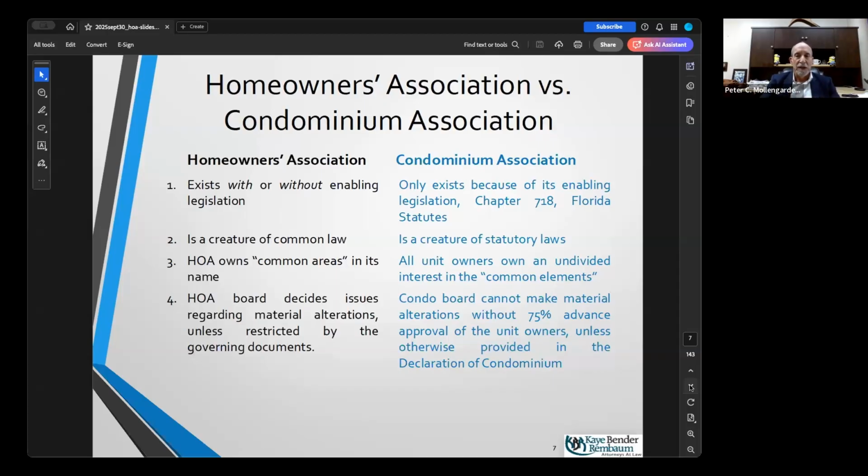One more example: in a condo, it's statutorily governed how the association can alter or improve the common elements. In an HOA, it's pursuant to your documents. Frequently, that's the board. Sometimes it's an owner vote, depending, but it's not statutorily controlled.